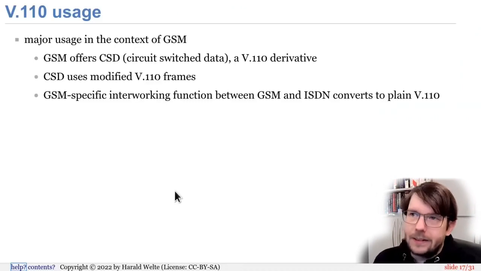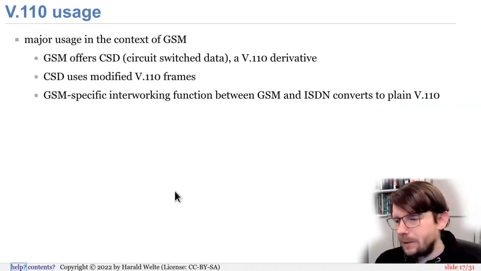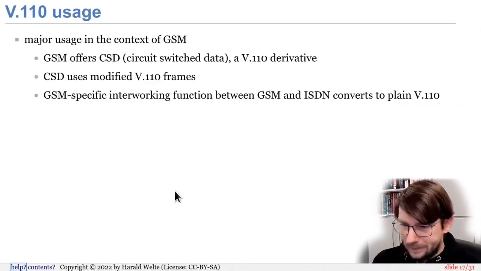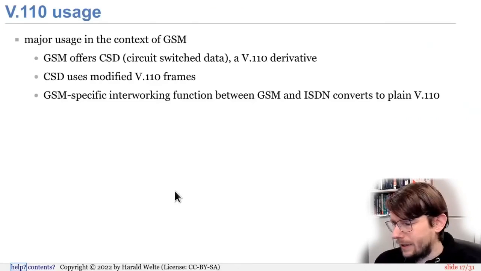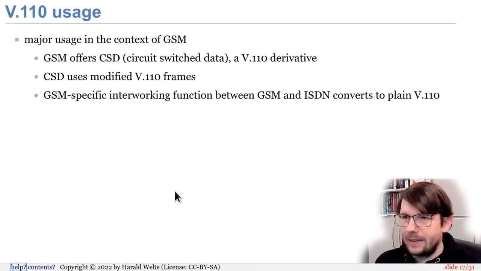And there then is a GSM specific interworking function between the GSM network and the ISDN network. So on the GSM side, we have those modified V.110 frames, and on the ISDN side, we have the normal plain V.110 frames. And I think you can still, at least in some cases, establish circuit switched data between ISDN and GSM exactly that way.